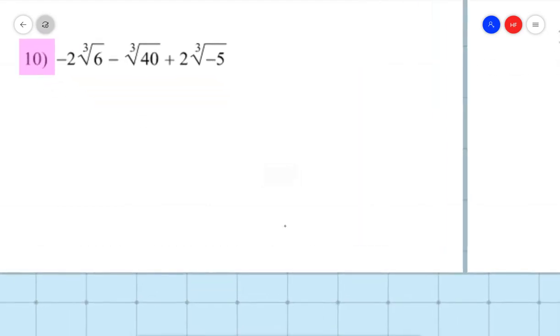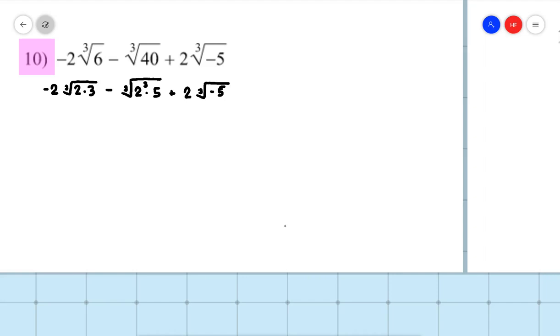So we have negative 2 cube root of 2 times 3 minus cube root of, find those prime factors. If you have your calculator at home, you're using menu number factor. We get 2 cubed times 5 plus, has a 2 on the outside, cube root of, and then negative 5.